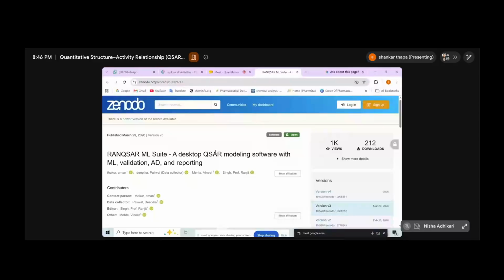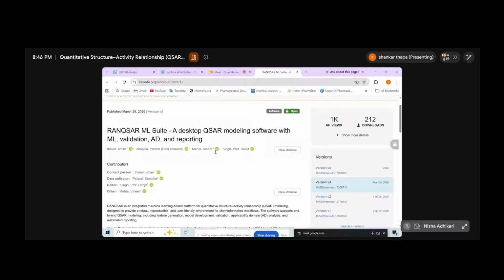Most of the time, we generate the file and the final result, make a manuscript and then publish. But we forget to preserve the data. In the near future, if anyone asks us to share the data from where we got this result, it may not be on your desktop.